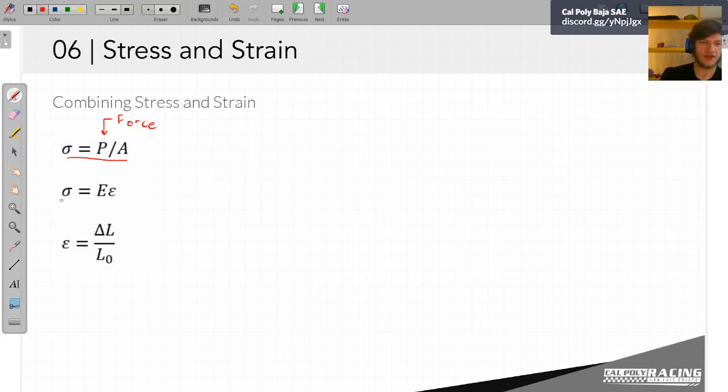Then we have this equation here that comes from Hooke's law. So this big E here is Young's modulus. This one is strain. And then we have stress over here.